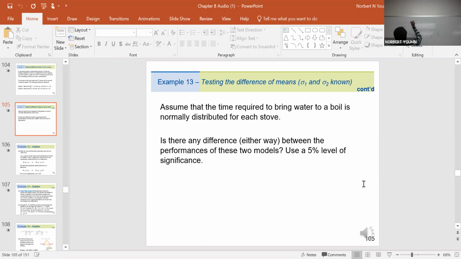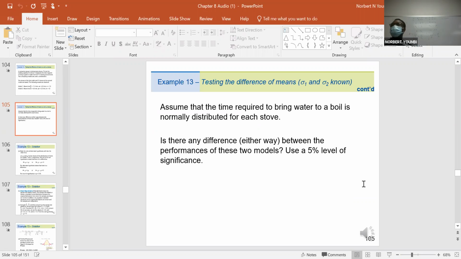We can have H0: mu1 equals mu2, H1: mu1 is different from mu2. Or H0: mu1 minus mu2 equals 0, H1: mu1 minus mu2 is different from 0. Alpha equals 0.05.